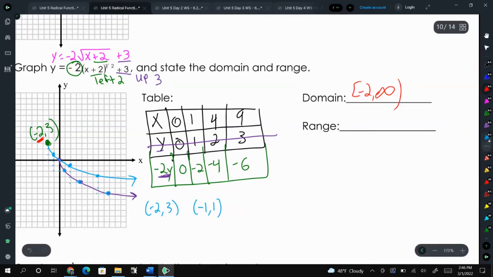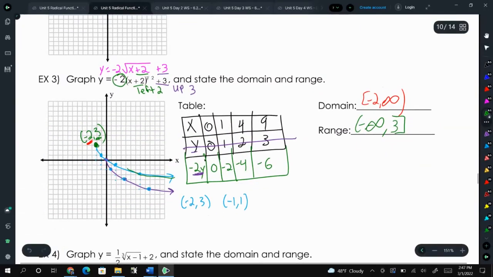The range, those are your y values. Our y values are still going down to -infinity here, but they're going to go up to +3. And this question did not ask us to compare, so we're going to leave it like this.